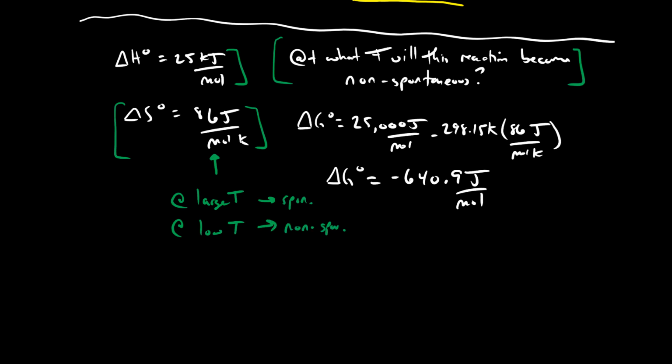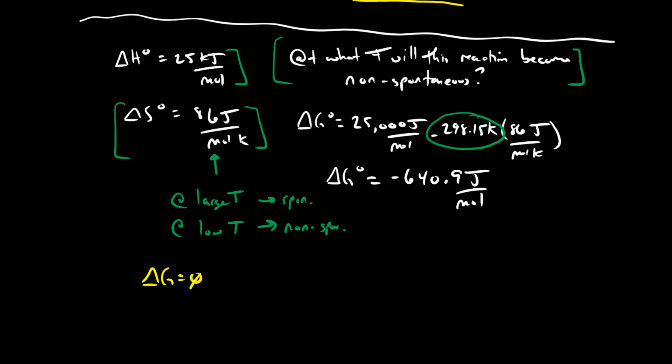So when we calculate the temperature when the reaction becomes non-spontaneous, we're going to expect it to be below the standard temperature. Okay? So the switch comes when delta G equals 0. Okay? So the transition from a spontaneous reaction to a non-spontaneous reaction happens when the reaction is at equilibrium, and that's when delta G equals 0.